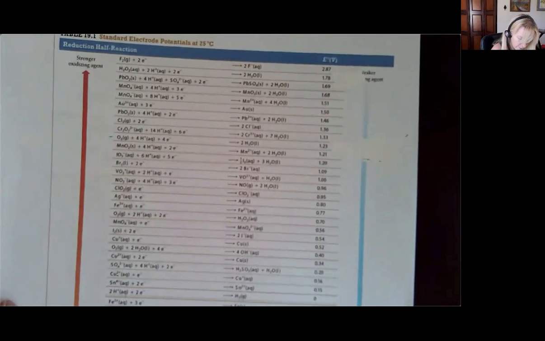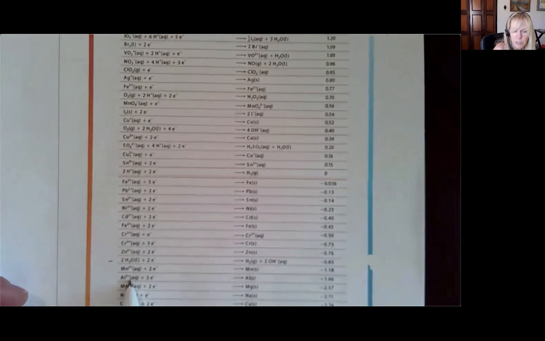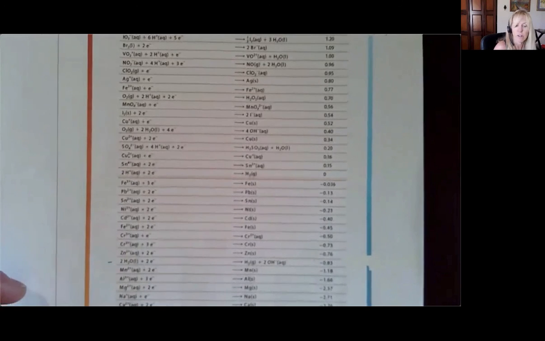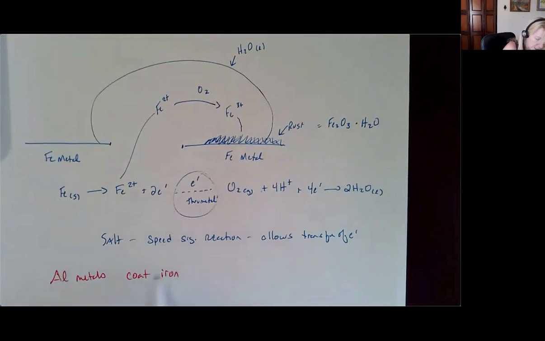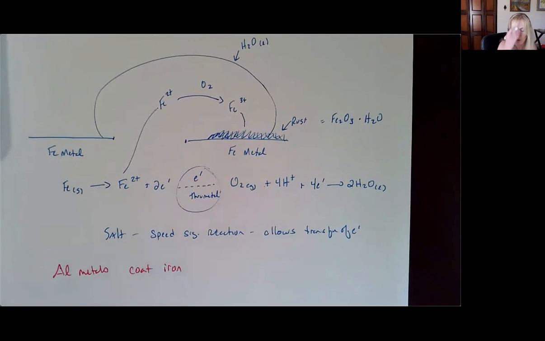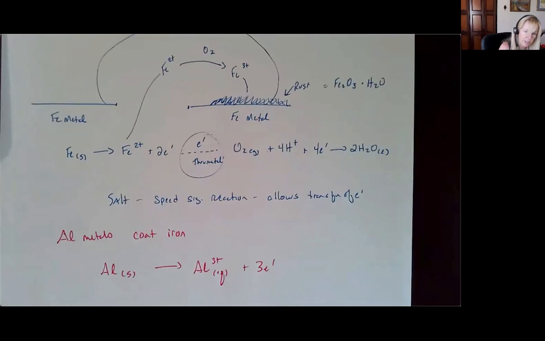If aluminum is present, it's going to preferentially undergo oxidation over iron because it's lower in this list. And so oftentimes aluminum coating metal will help keep the metal from rusting because the aluminum will undergo oxidation over iron, and that'll be your oxidation half.